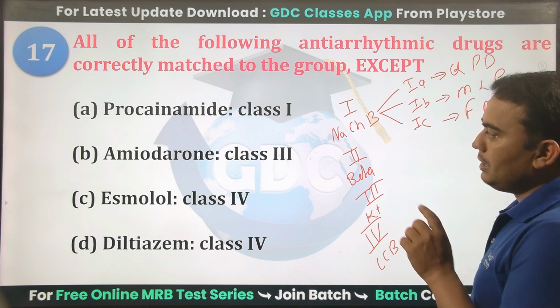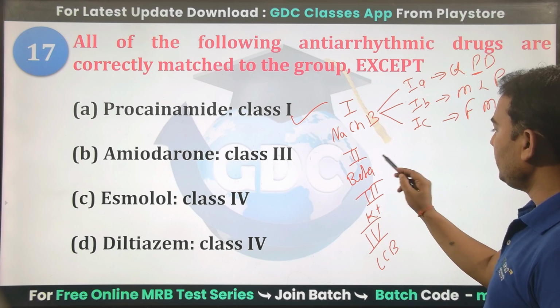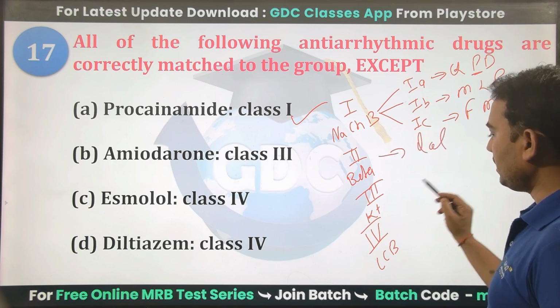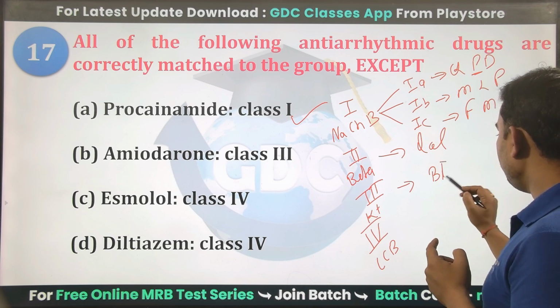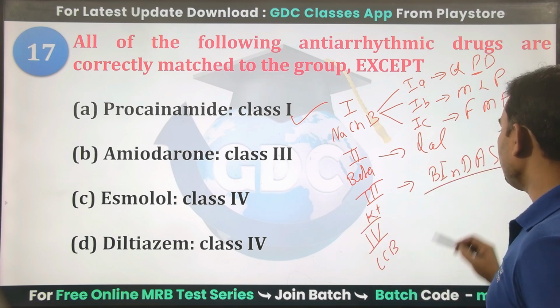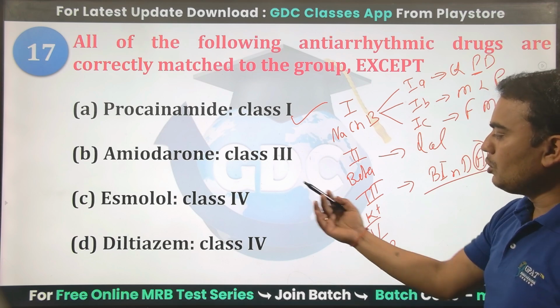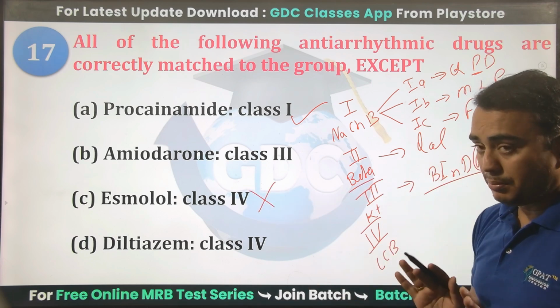Now, procainamide comes under the first class, yes. Amiodarone, here the suffix is olol, that means beta blocker. Under third, we have the trick. Yes, amiodarone is class third. Esmolol class 4, no. Esmolol is class 2 because it's a beta blocker.